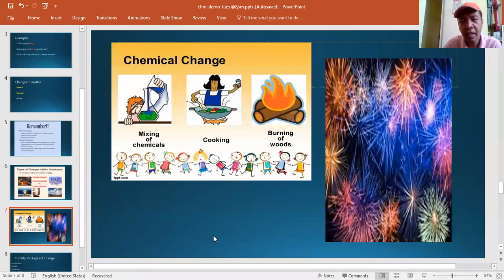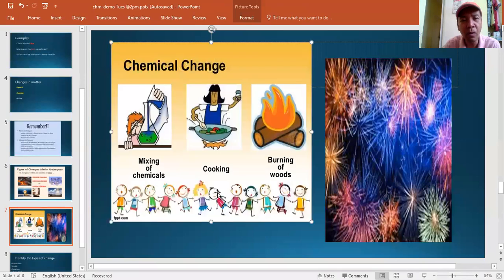Okay, another one. We have mixing of chemicals. These are examples of chemical change. Mixing of chemicals: what do you think is the substance in green color? For example, the copper sulfate. Then you add blue color, let's say dye.